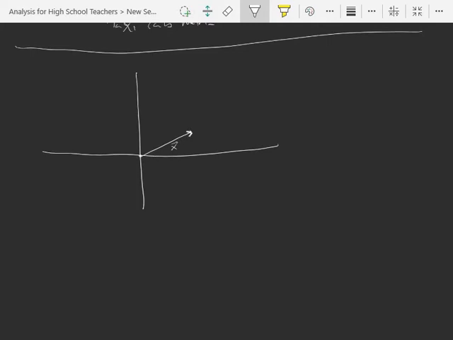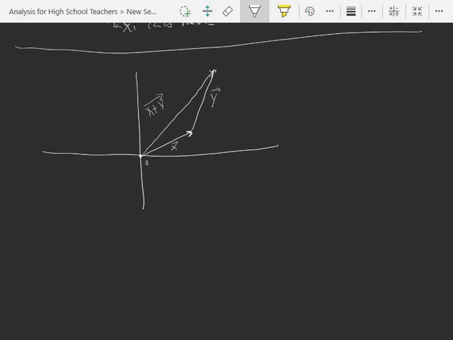So let's say y does this. So this is y as a vector. So I go from 0 to x to y. Then this vector right here would be x plus y, right? And I've got this triangle.